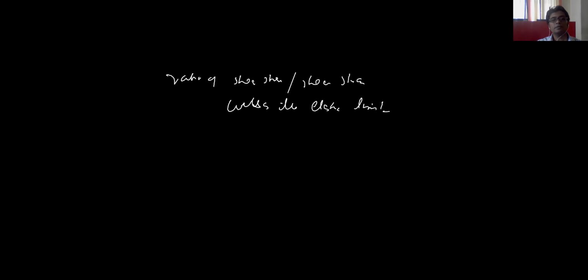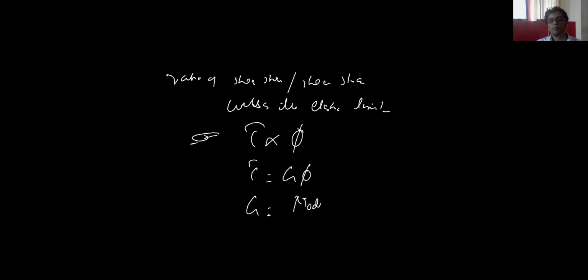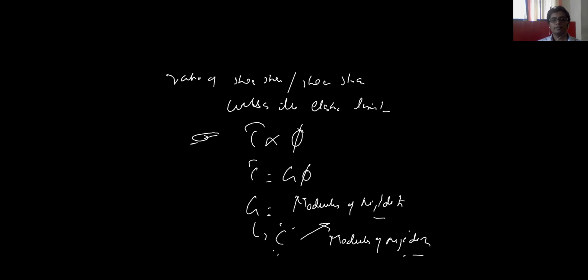Means shear stress is directly proportional to the shear strain, and we say that tau is equal to G phi, where G is the modulus of rigidity. Somewhere C is also used for the modulus of rigidity. So tau is equal to G phi.